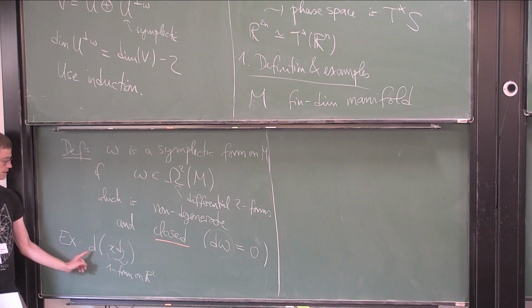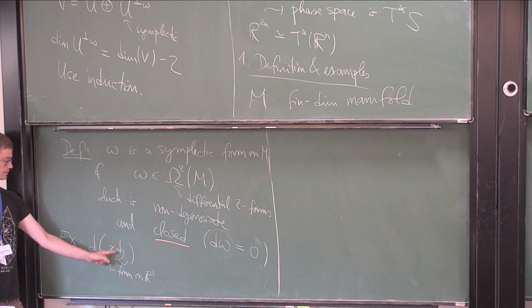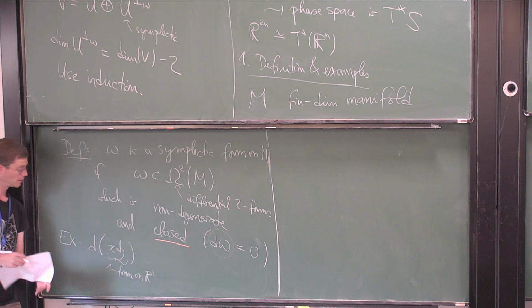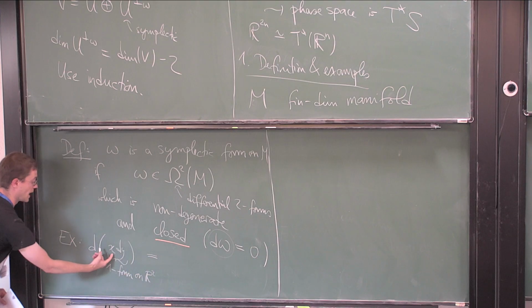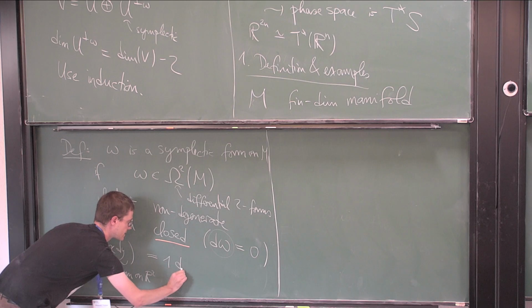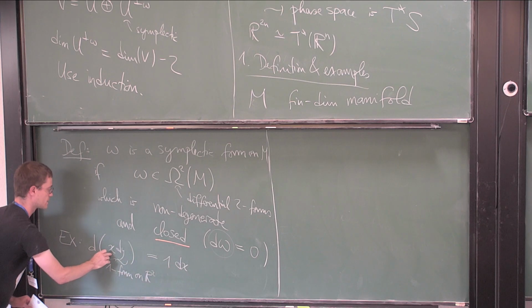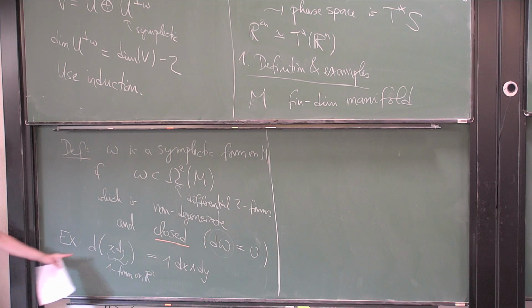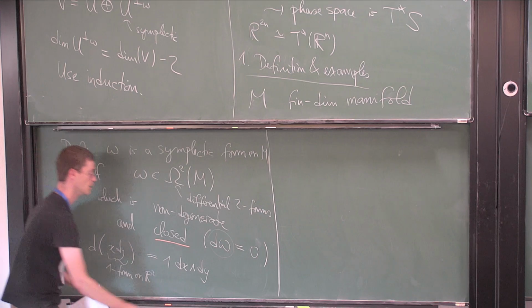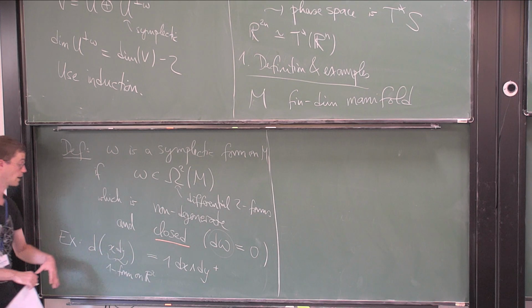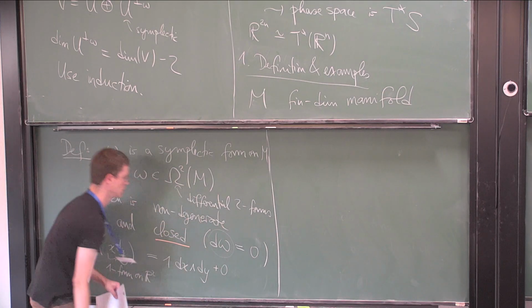Differential means that you differentiate the function in front in all possible ways, here with respect to x and then with respect to y. If I differentiate with respect to x, I get 1. Then you keep track that you differentiated with respect to x, so dx, and you wedge with the differential you already have. Then you add up all these terms. Differentiating x with respect to y gives 0.